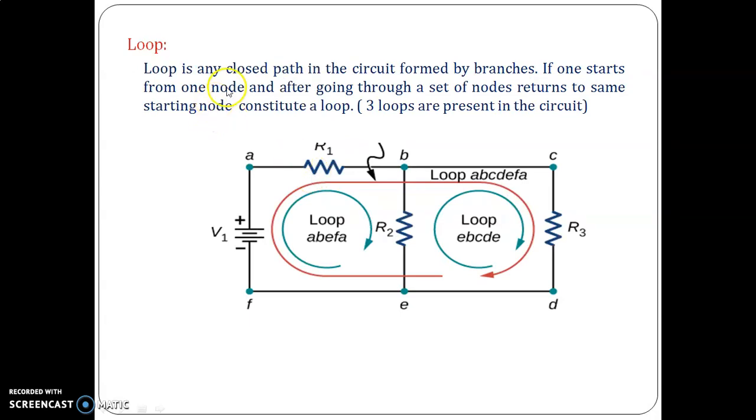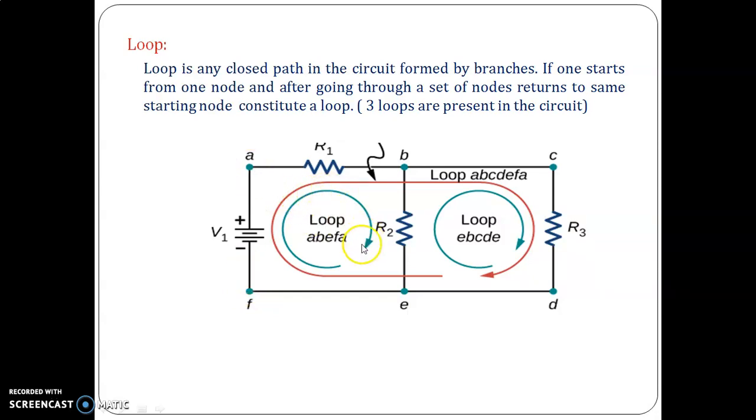Next one, loop. A loop is any closed path in the circuit formed by many branches. Here, if one starts from one node and after going through a set of nodes, it returns to the same starting node, that constitutes a loop. Let us start from A. Then it goes to B, then E, then F, and finally reaches A again.